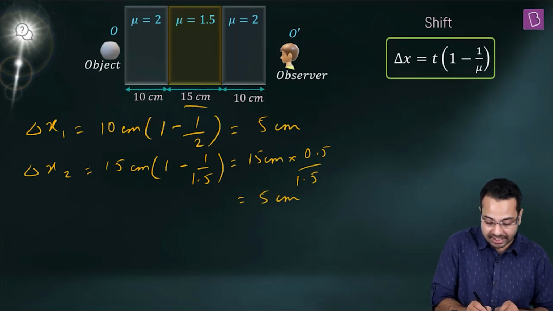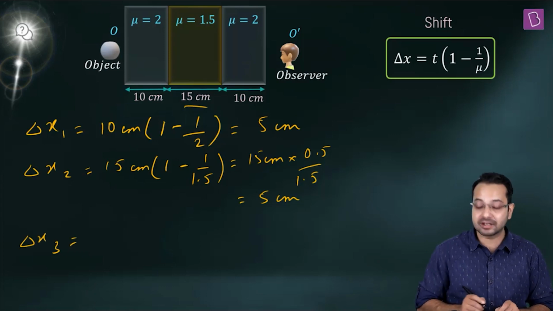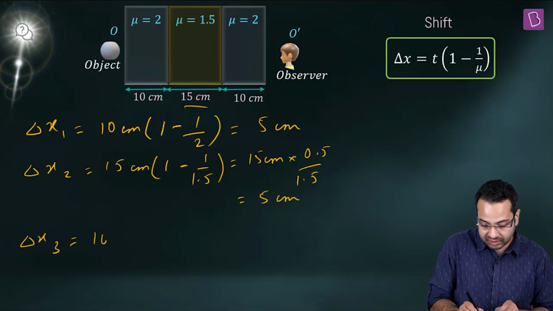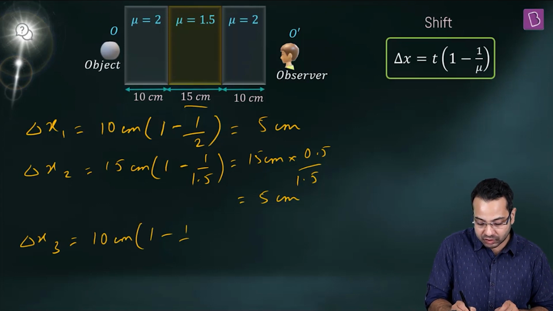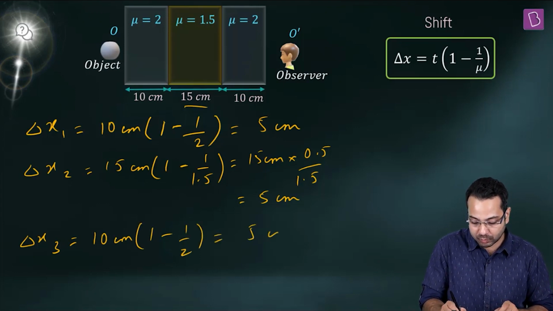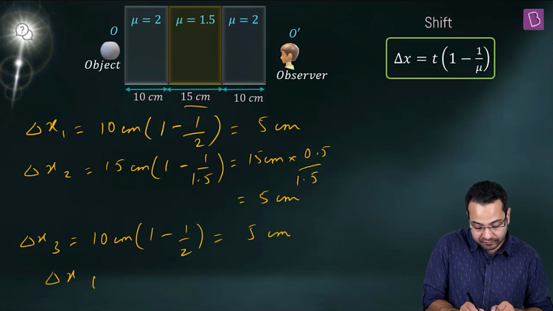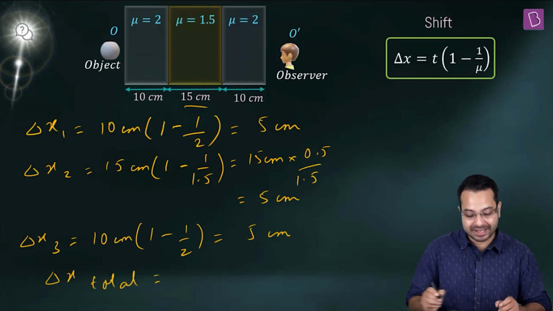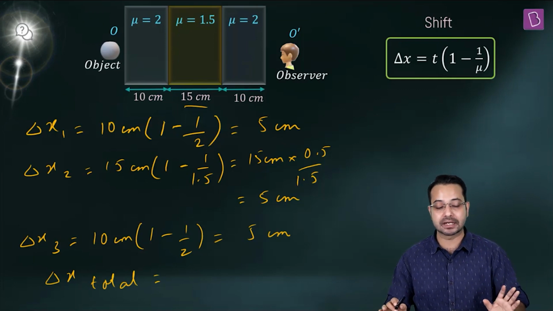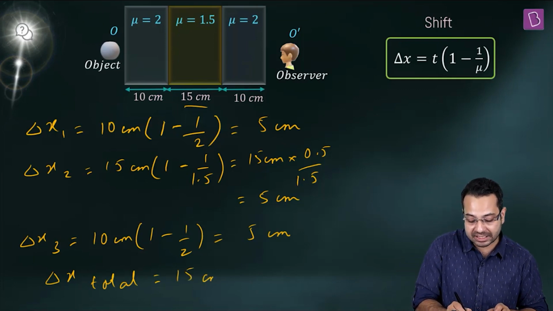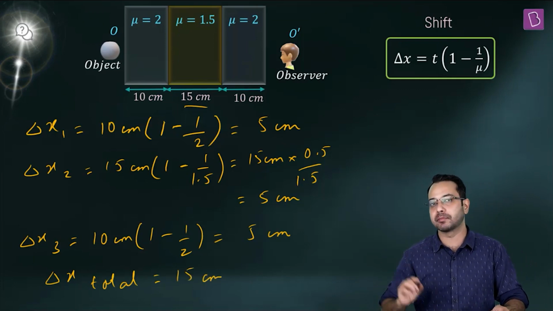That is delta x2. What is delta x3? Delta x3 is equal to 10 centimeter into (1 minus 1 by 2), which is going to come out to be 5 centimeter again. So what is the total shift? Total is going to be delta x1 plus delta x2 plus delta x3, which is equal to 15 centimeter, and that is going to be my answer.